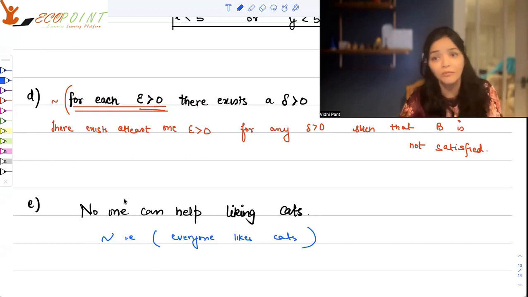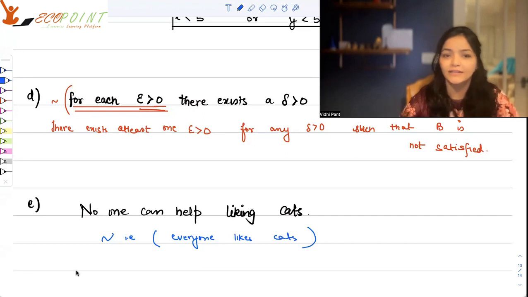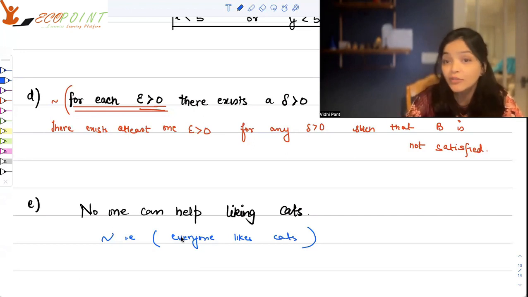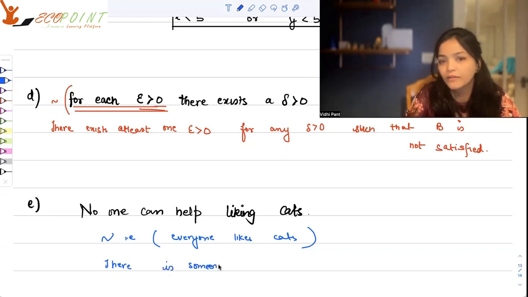If you're able to find someone who doesn't like cats, then you are giving a counterexample to this statement, and that's what you have to do when you have to negate a statement. There is someone who does not like cats. Simple.